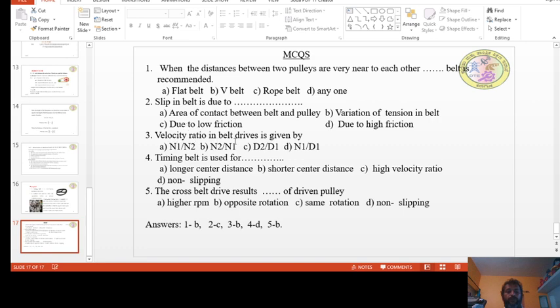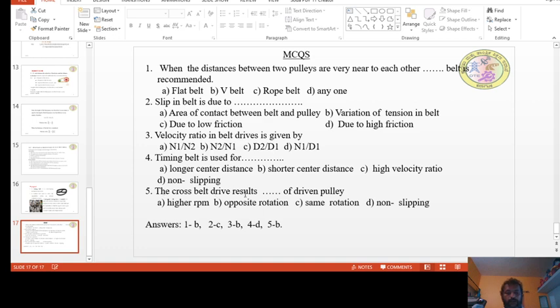Velocity ratio in belt drives is given by N1 by N2, N2 by N1, D2 by D1, or N1 by D1. It is N2 by N1 that is the correct one. Timing belt is used for longer distances, shorter center distances, high velocity ratio, or for non-slipping condition, and it is used for non-slipping condition.